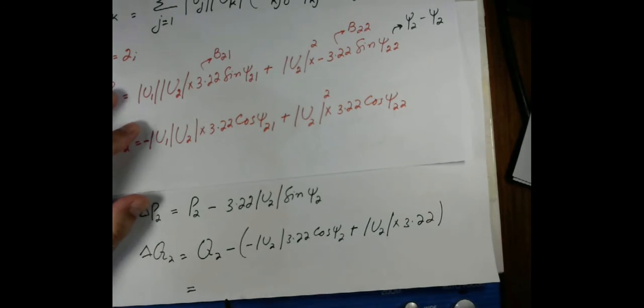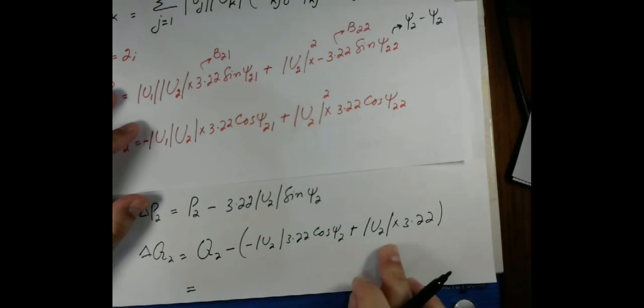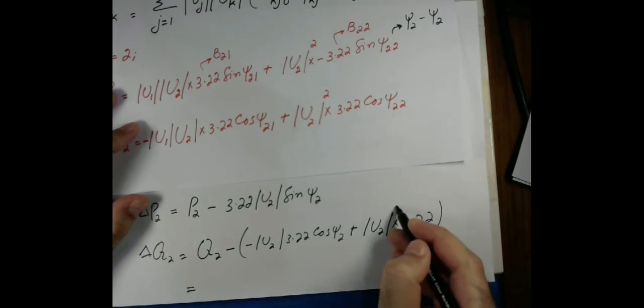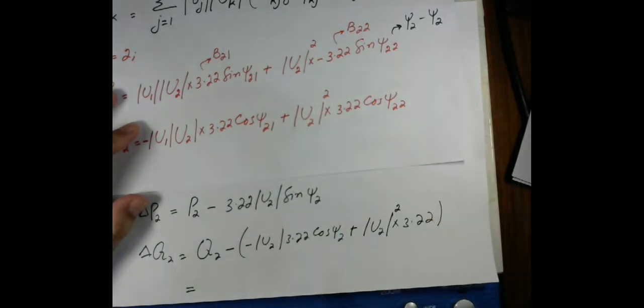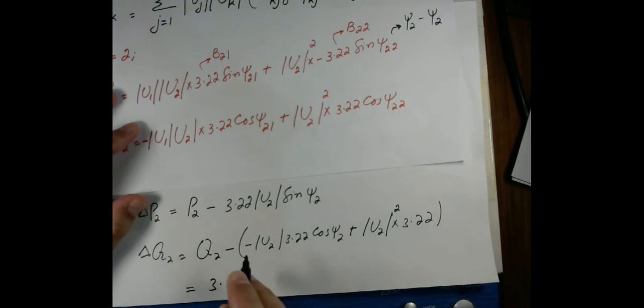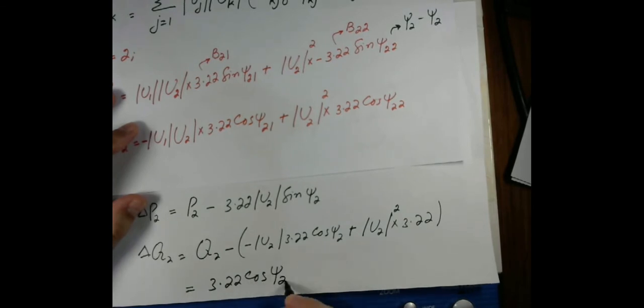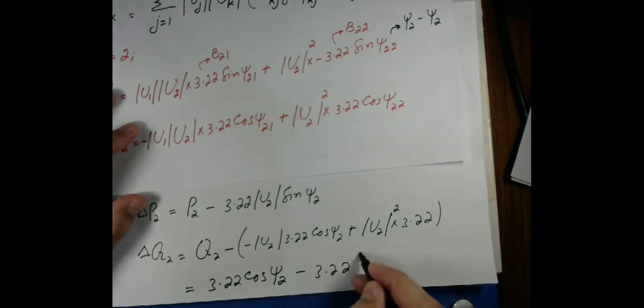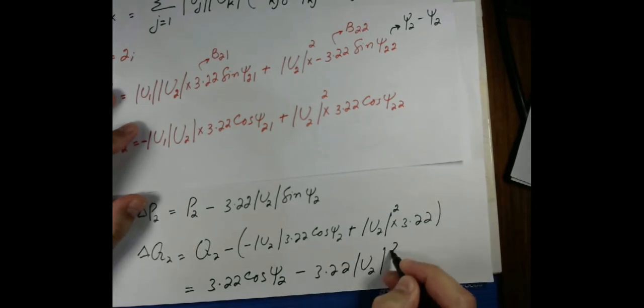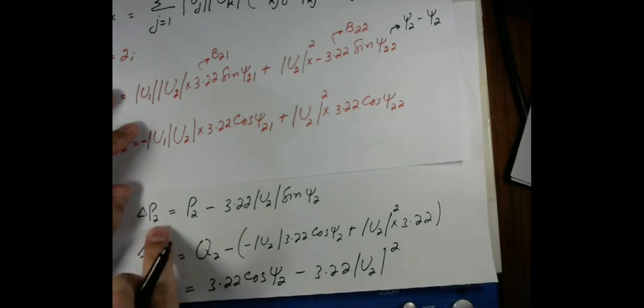So that will become minus 3.22 U2 square, as I mentioned, this is the square term. As it is negative into negative, it becomes 3.22 cos of psi 2 minus 3.22 U2 square. So that is Q2 and that is P2.